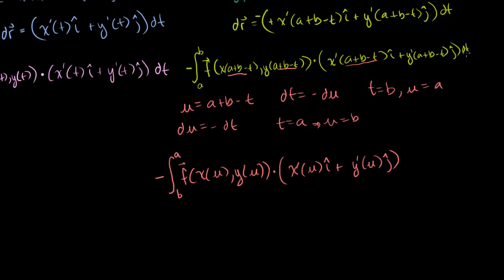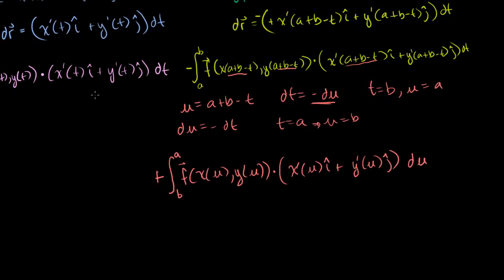And then instead of a dt, I need to put a du. dt is equal to minus du. So I'll put the du here and take the minus out front. I already have a minus out there, so they cancel out just like that.